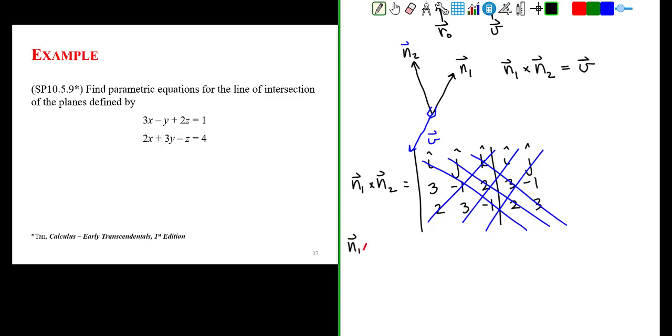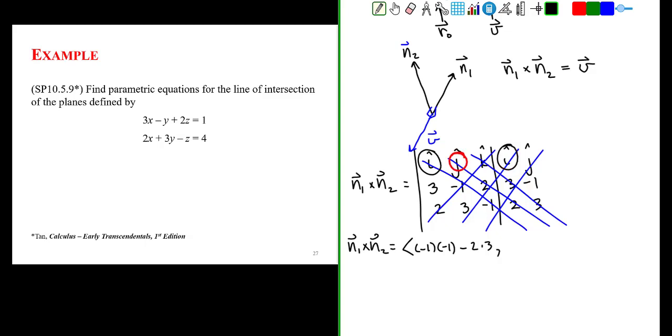In doing that, we have a vector where the x component is given by the product of minus 1 times minus 1, minus the product of 2 times 3. If you're wondering where I got that from, I got it from looking at these diagonals, taking the diagonals down and to the right and subtracting the diagonal down and to the left for the x component.